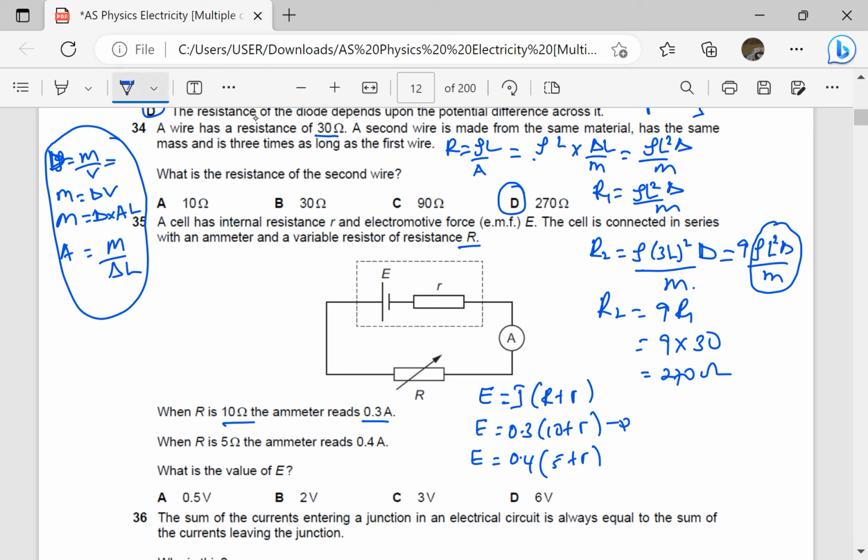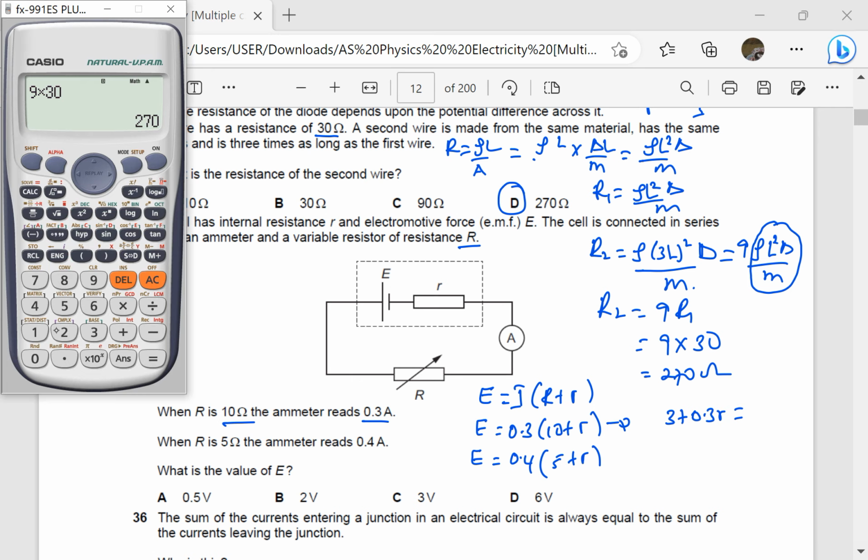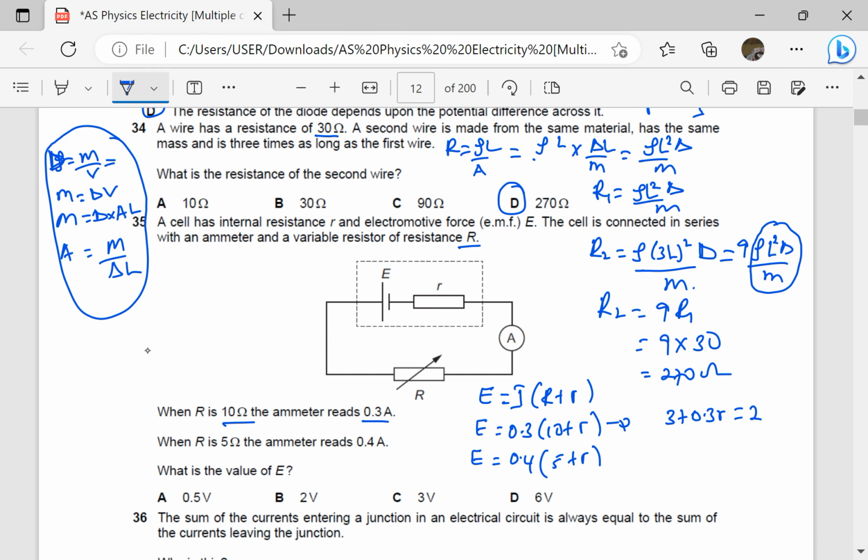Equating the two equations, I will have that 3 plus 0.3 small r is equal to 0.4 times 5, which is 2, plus 0.4 r.